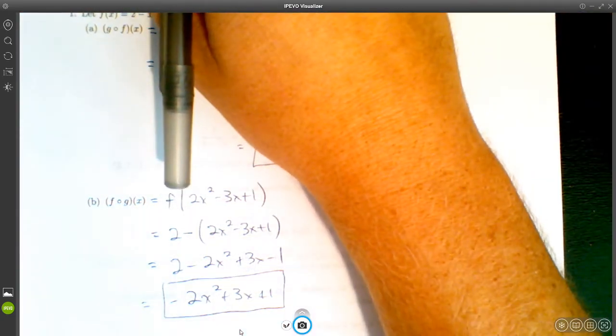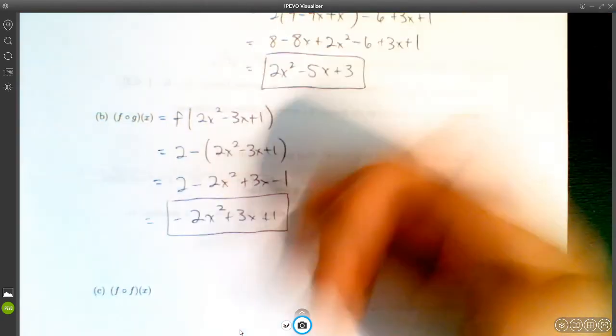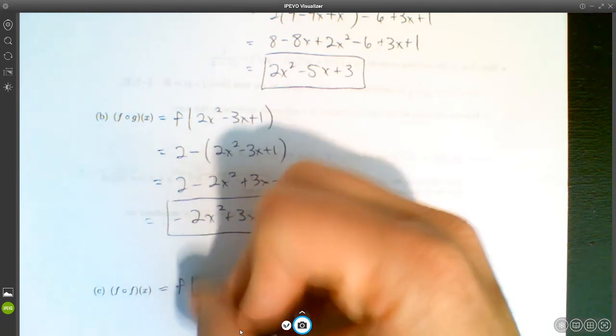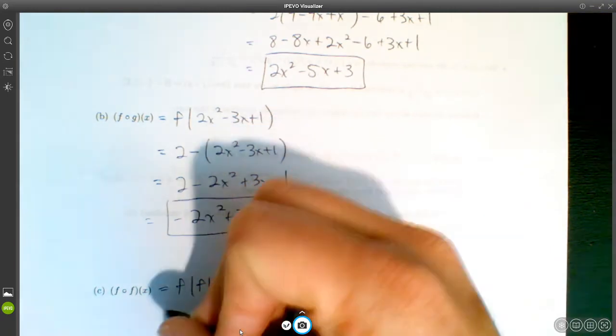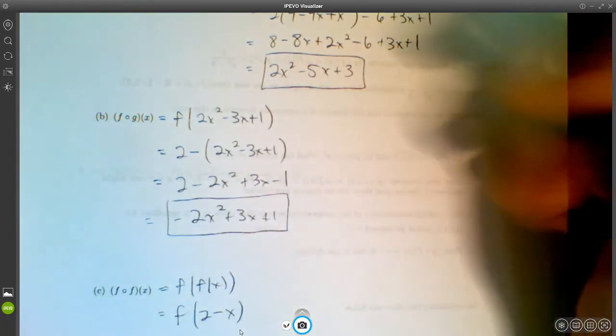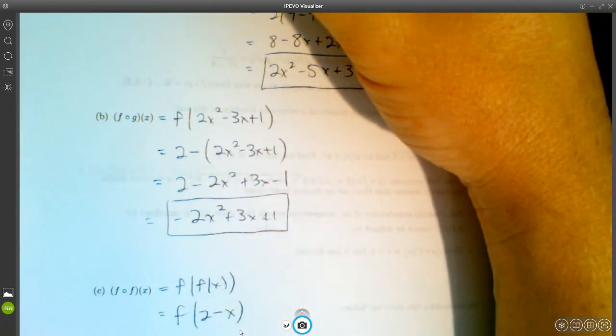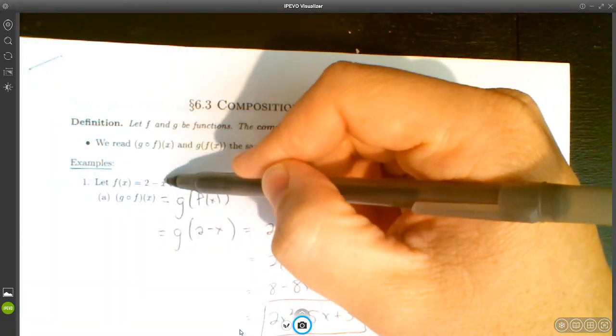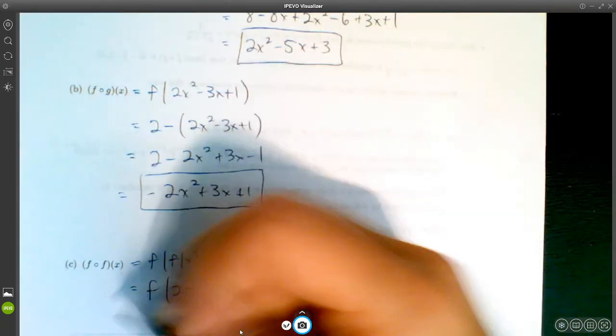Of course, we can also compose a function with itself. So we can do f of f of x. Remember that f of x is 2 minus x. So we're going to do f of 2 minus x. That means we're going to look at the function f of x, and everywhere we see an x, we're going to replace it with 2 minus x. So this is sort of like the movie Inception, right? It's a function within a function.